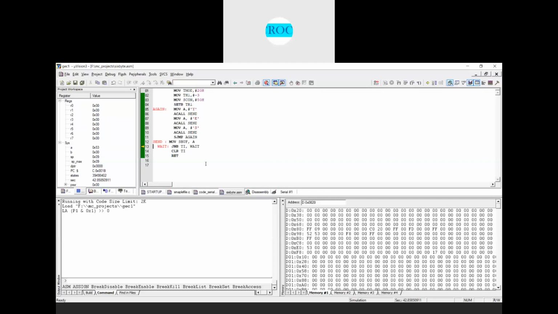And we know the TMOD register value, the TH1 value, and the SCON register, initialize those. And you can start the timer using TR1 equal to 1, as we saw in the previous C program.